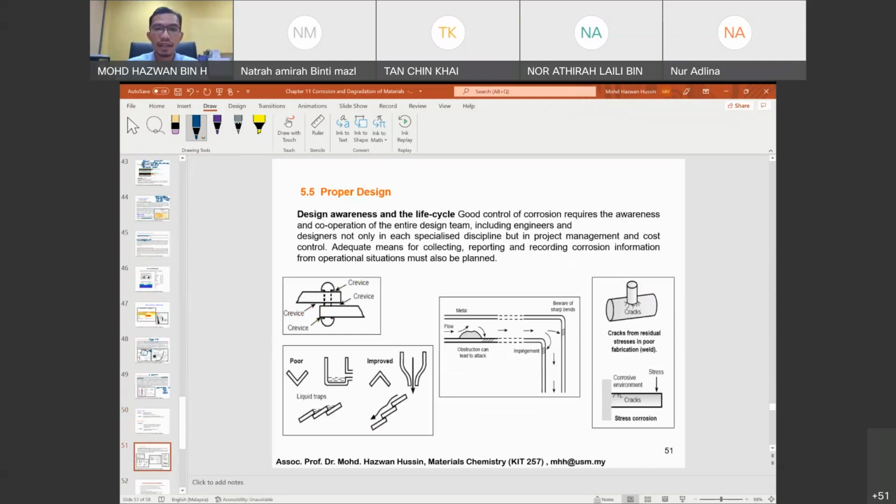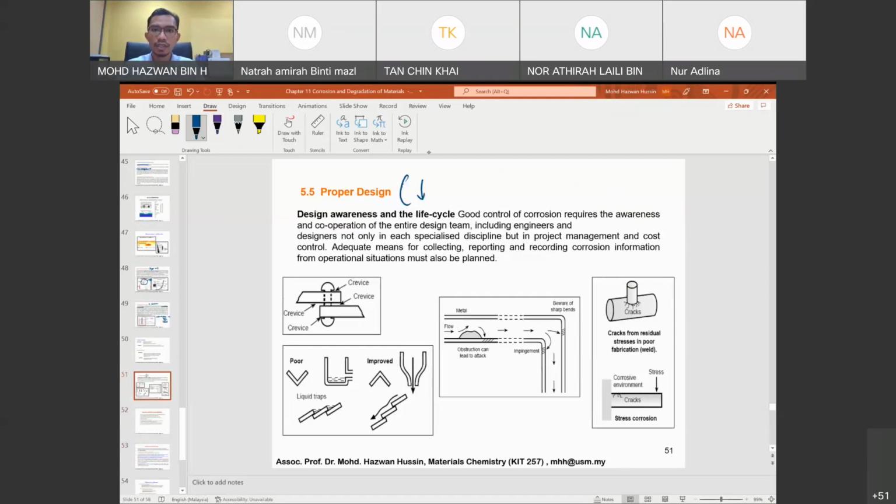And finally, we have proper design. Proper design is good practice if you want to make the material last longer, I mean, use it for a longer period. So in this case, you need to design a material that has a lower tendency for erosion or mechanical effects to occur.